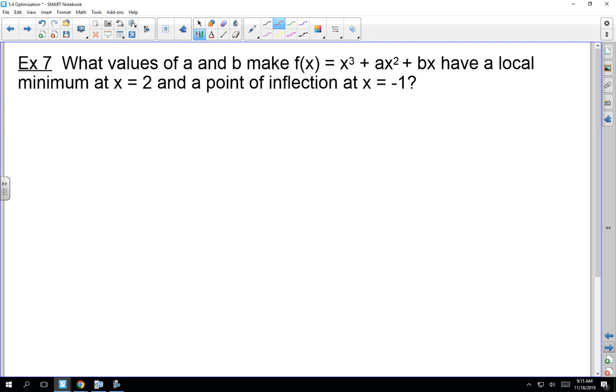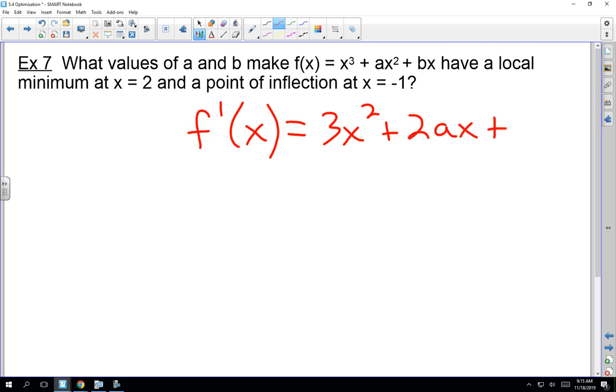You have an idea? You have to go to the second derivative first because we're given one variable. And we're going to do both derivatives. So, when in doubt, take the derivative. So, you'd have 3x squared plus 2ax plus b.